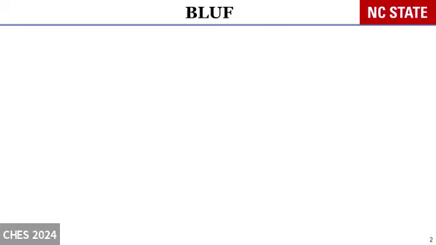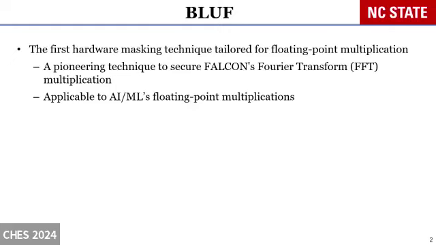Bottom line up front. For those who are in a rush to attend another meeting, I have just 1 minute to summarize this whole work. In this paper, we propose the first hardware masking for the floating point multiplication, which can be used in Falcon as well as in other algorithms.